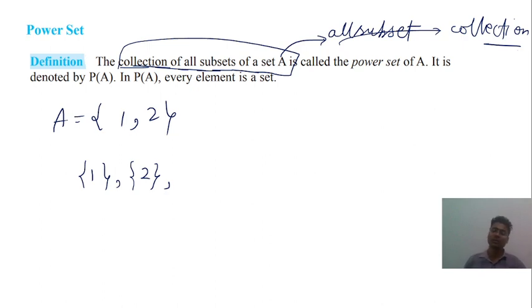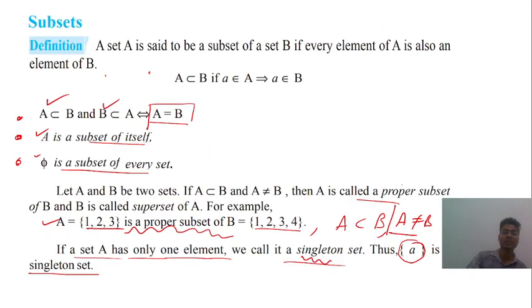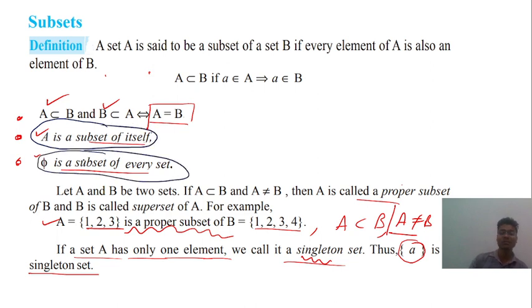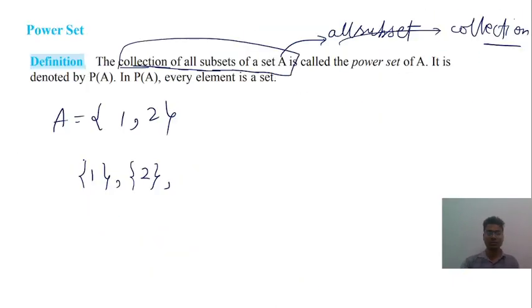But don't forget the point that I explained earlier, that every set is a subset of itself and phi is a subset of every set. So we can make two more subsets using these two properties. A is a subset of itself, so we can make a subset A itself, and phi is a subset of every set.